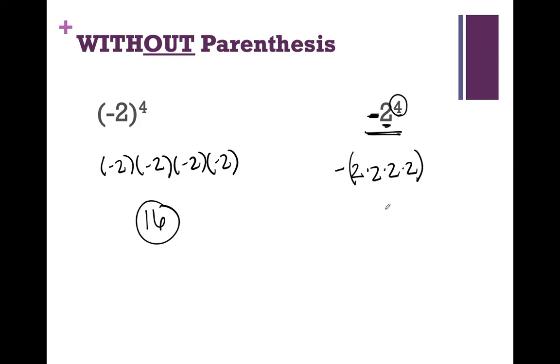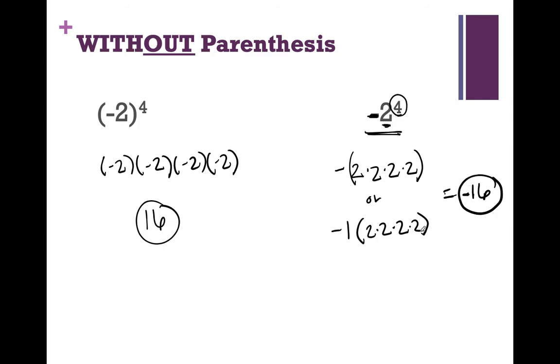If you follow the order of operations, you could look at it like this, -1. Kind of sneak in a hidden -1 there. But basically, you're evaluating 2 to the 4th power first, which is 16. And then you're multiplying it by -1, which becomes -16.